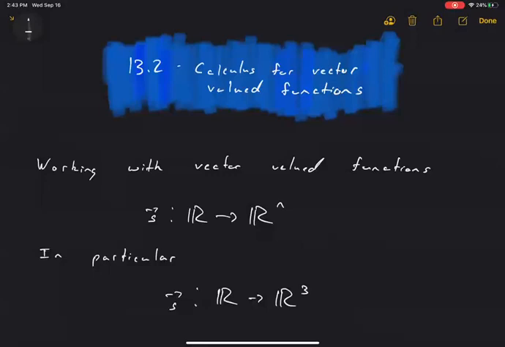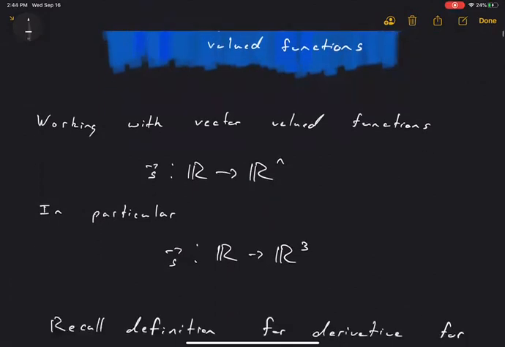And now we're going to use that idea of the limit to figure out how to deal with derivatives and integrals for these vector valued functions. So once again, we're going to be working with these vector valued functions. So a vector valued function might be denoted with this letter S from R to Rn.